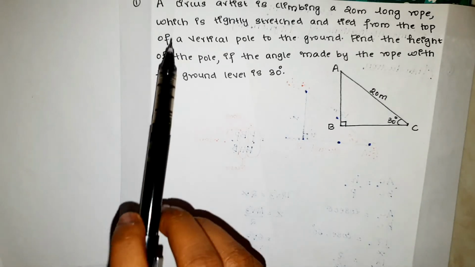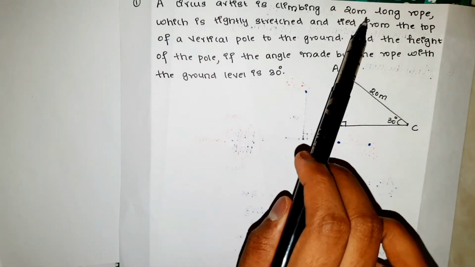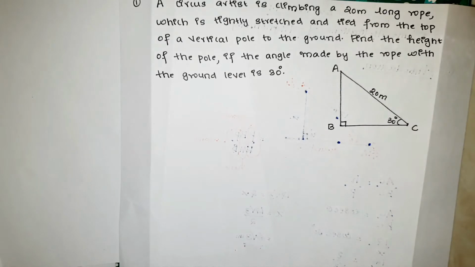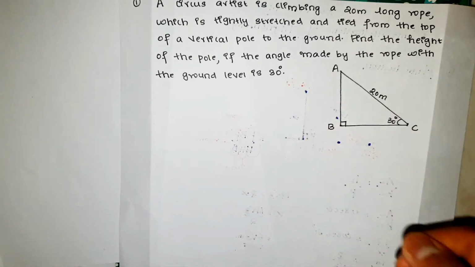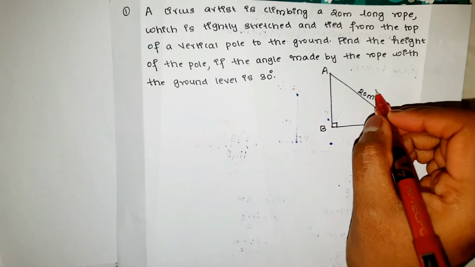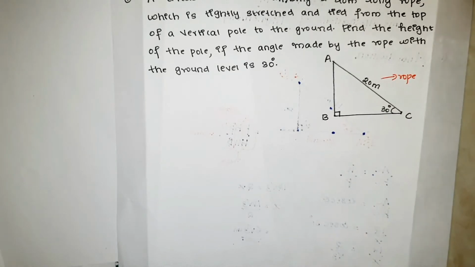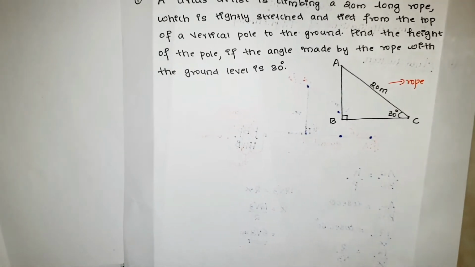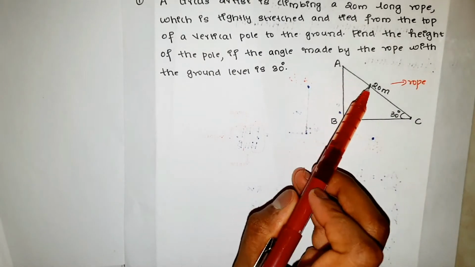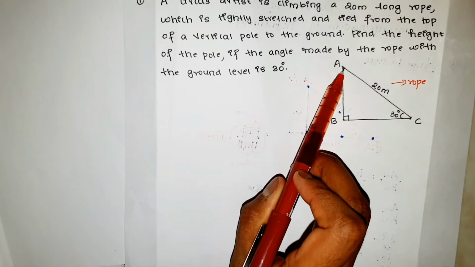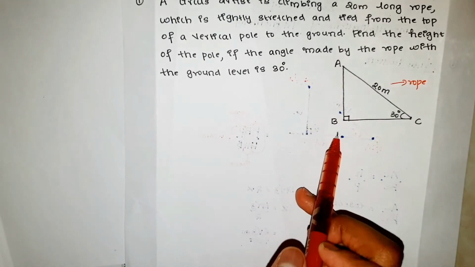So students, what is the question? A circus artist is climbing a 20-meter long rope. This is our rope, and he is climbing it. Next, it is tightly stretched and tied from the top of a vertical pole.